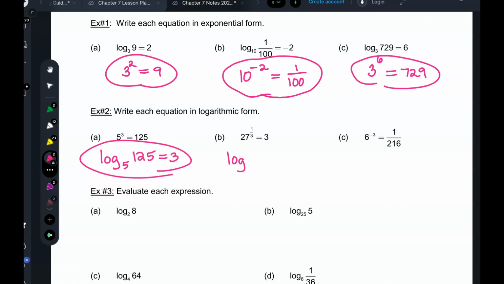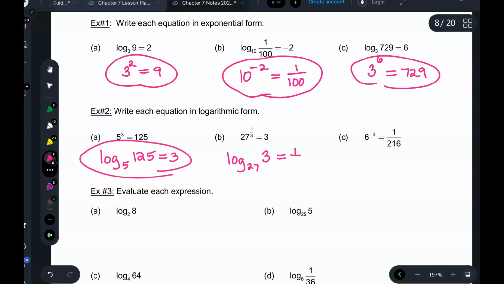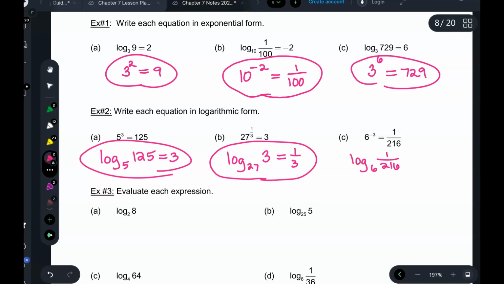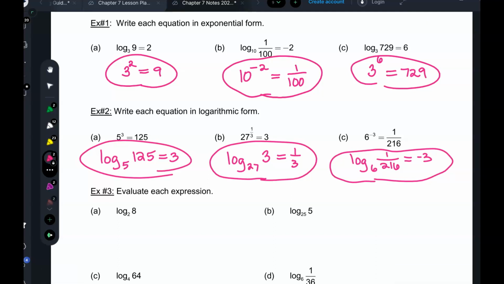Log base 27 of 3 equals 1/3. And last, log base 6 of 1 over 216 equals -3. So anything that's in an exponential function can be rewritten as a logarithmic, and anything logarithmic can be rewritten in exponential form.